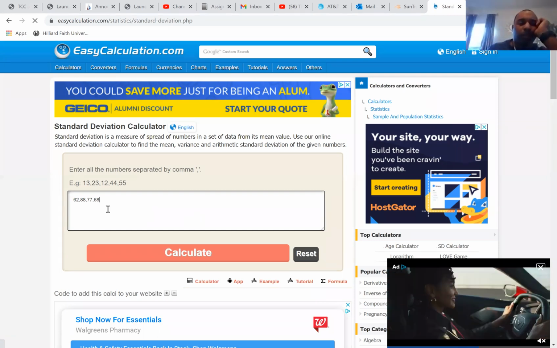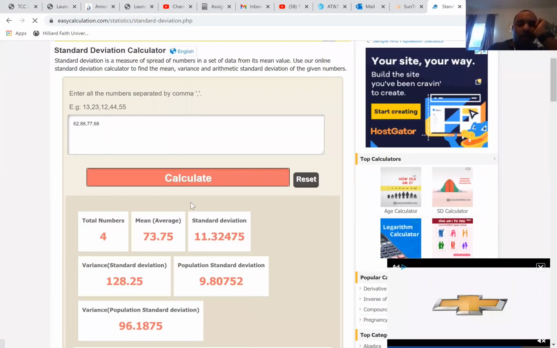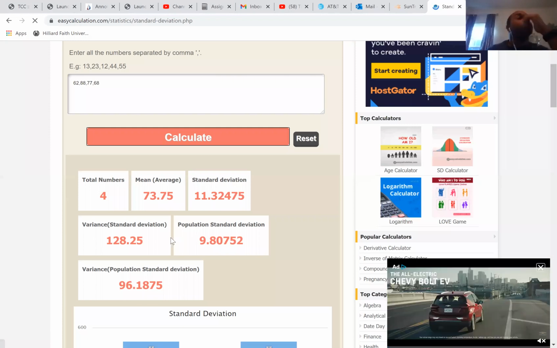So all you do is type it in and separate by comma, hit calculate. And there it goes, standard deviation and variance.